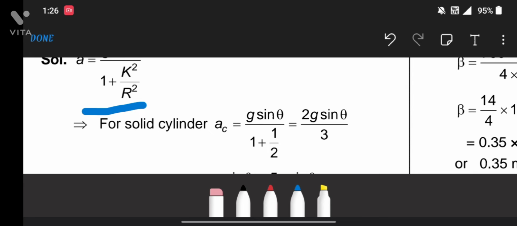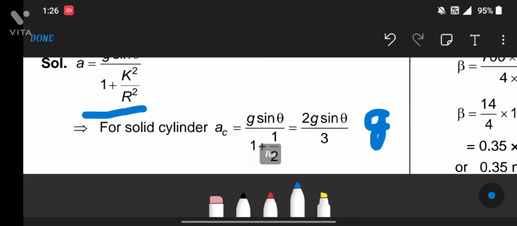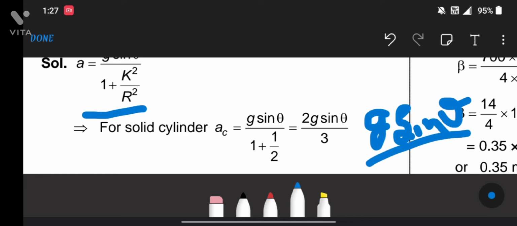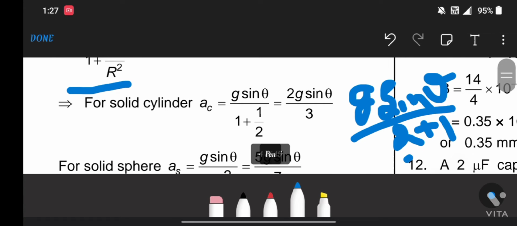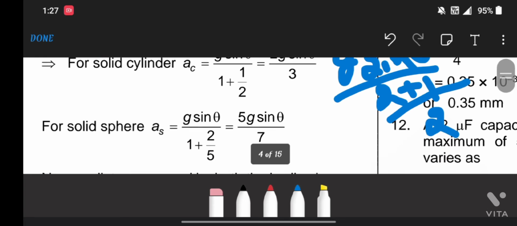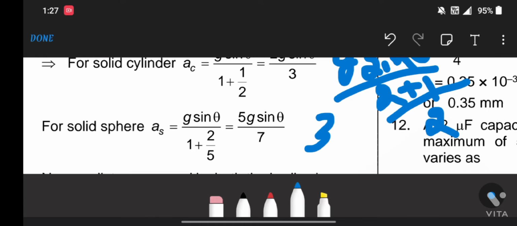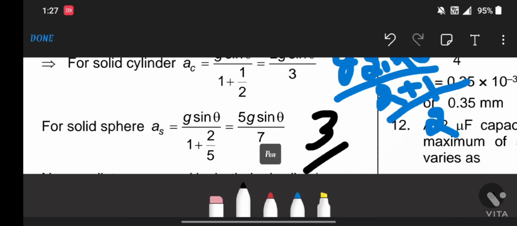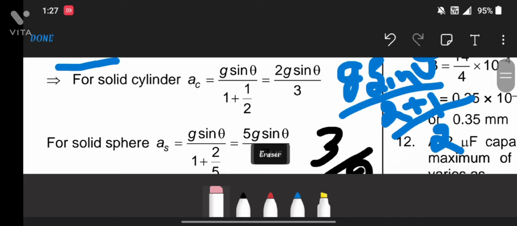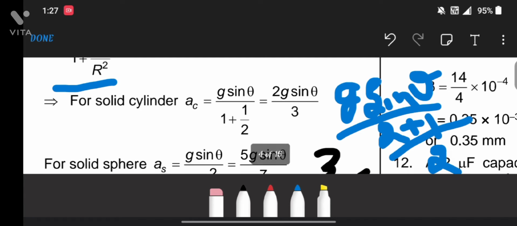One minute, here I will write g sin theta divided by, if we take 2 here, 2 plus 1 divided by 2, that will be equal to 3 by 2, right? 2 we will take upside, so it will become 2g sin theta by 3.